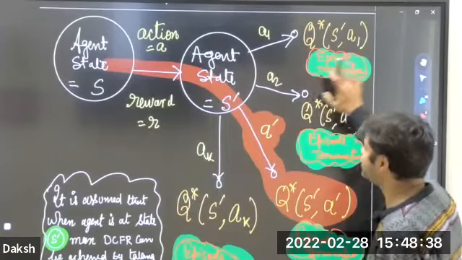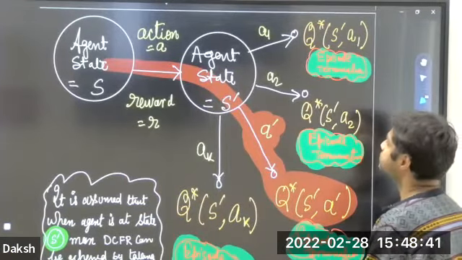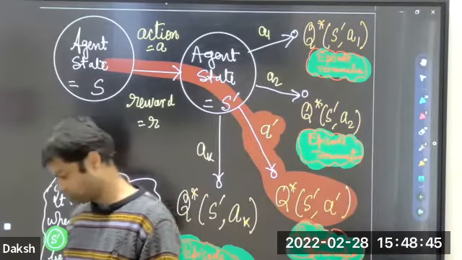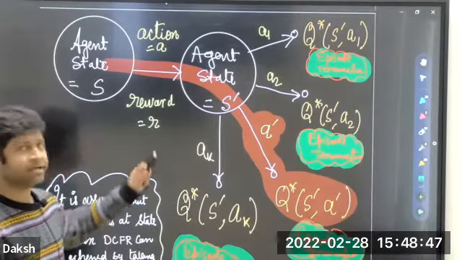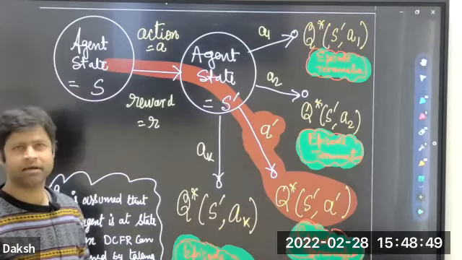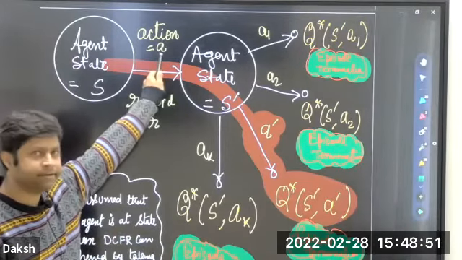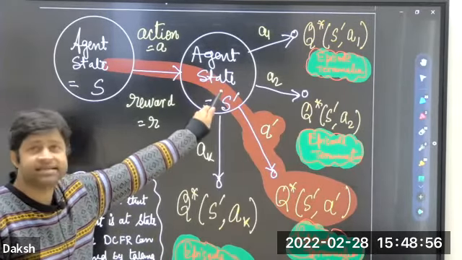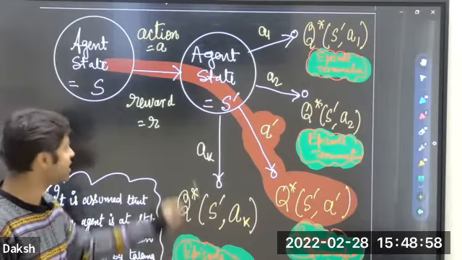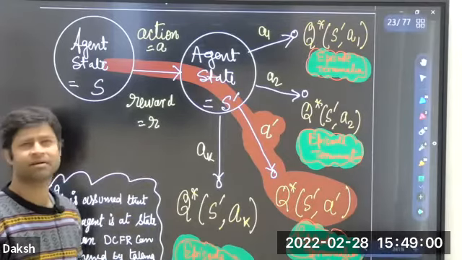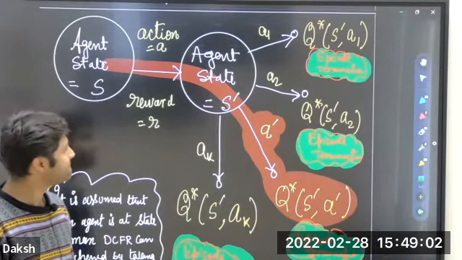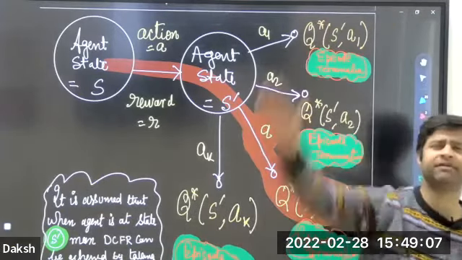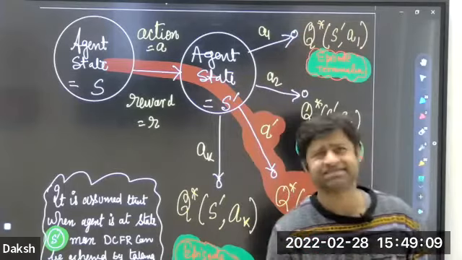Now please draw this diagram again. Keep on drawing with me, quickly. Agent state is S. It has taken an action A, so that it has gone to state S dash, got a reward R. Now there are k possible actions.